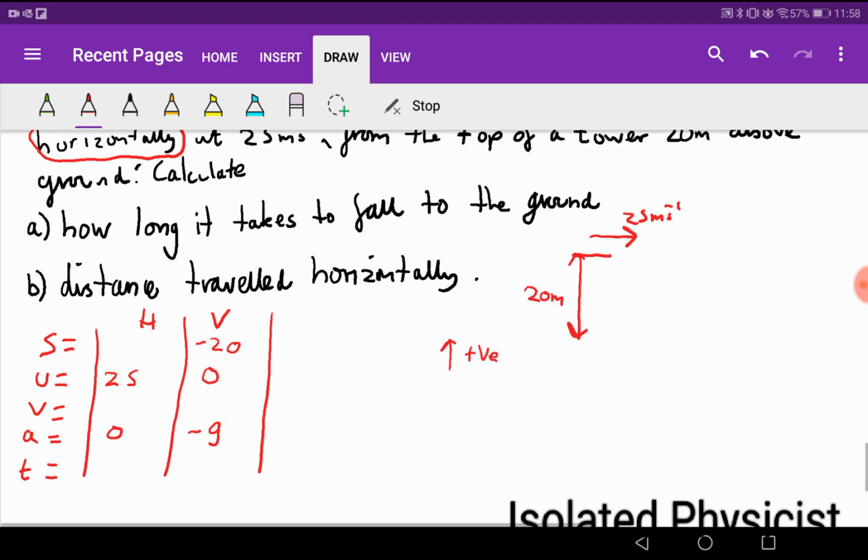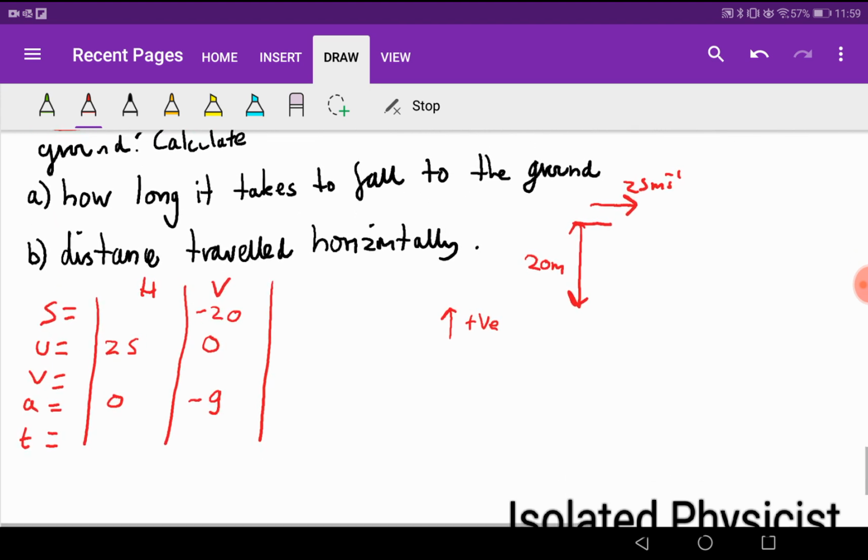What we've got to do is try and find t. So we can now find t in the vertical plane. We haven't got v, so we can use s equals ut plus a half at squared to find t. Now we know u is 0, because this is in the vertical plane.